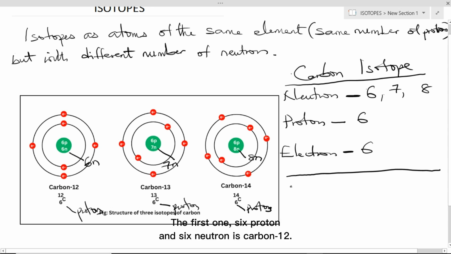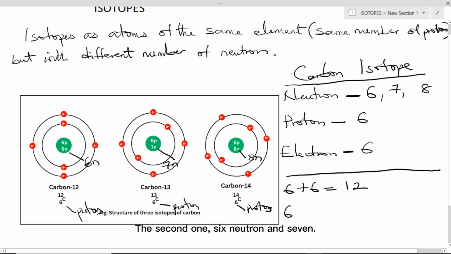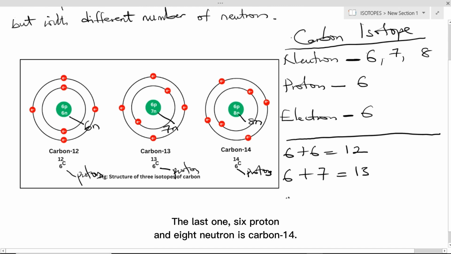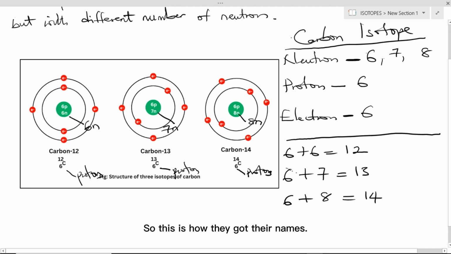The first one, 6 protons and 6 neutrons, is carbon 12. The second one, 6 protons and 7 neutrons, is carbon 13. The last one, 6 protons and 8 neutrons, is carbon 14. So this is how they got their names.